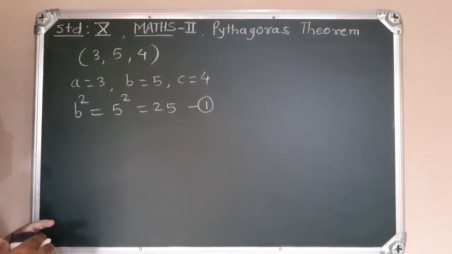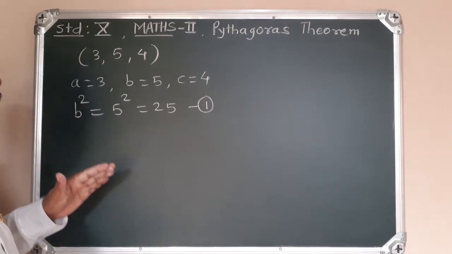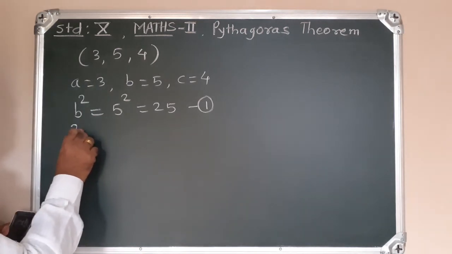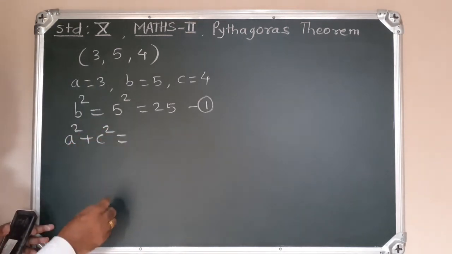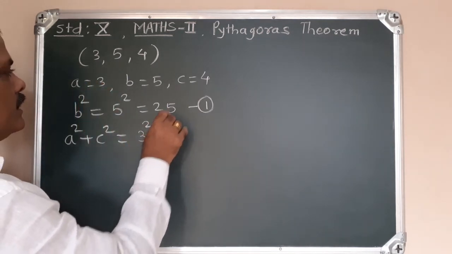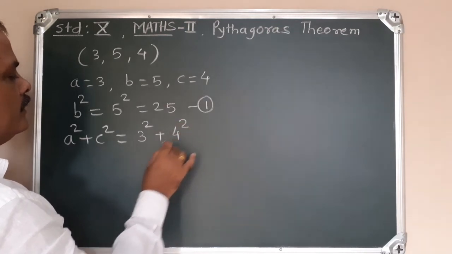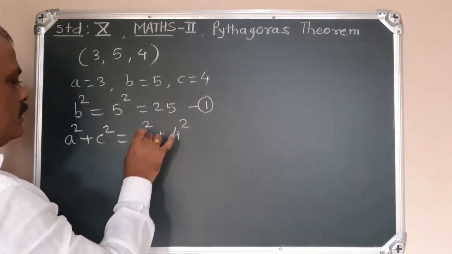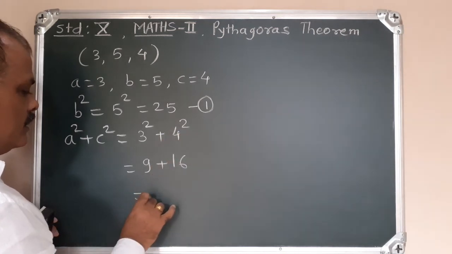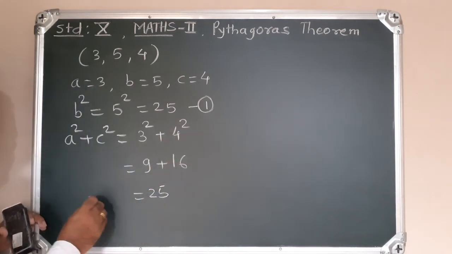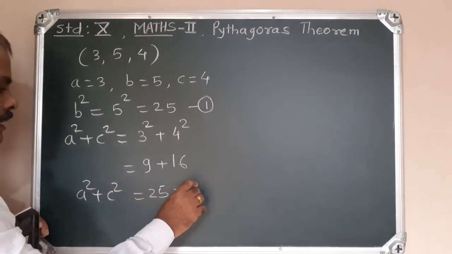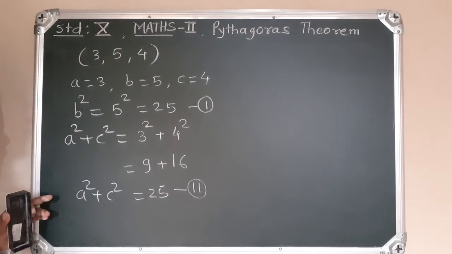Now take the sum of squares of the remaining 2. That means A square plus C square is equal to, what is A? 3. So square of that plus C square means 4 square, which is equal to 3 square 9 plus 4 square 16, which is equal to 25. So A square plus C square is equal to 25. Let this be equation number 2.